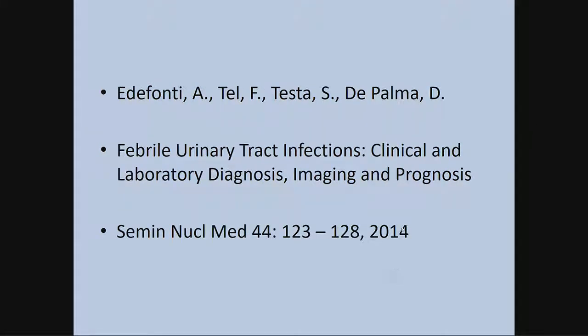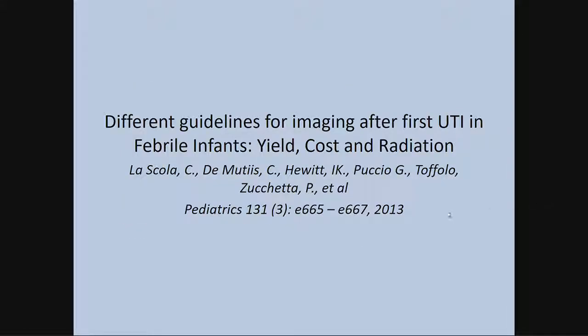Now, in Seminars in 2014, workers reported febrile urinary tract infection, clinical diagnosis, imaging and prognosis. And one of the papers that they quote in this article is a really interesting paper that was published in Pediatrics, where they compared different guidelines for imaging after the first urinary tract infection in febrile infants, comparing yield, cost and radiation dose.